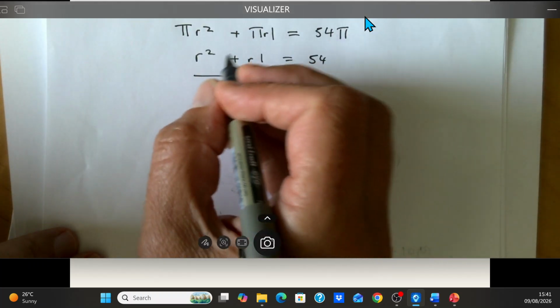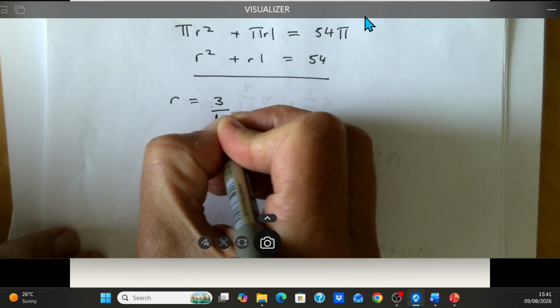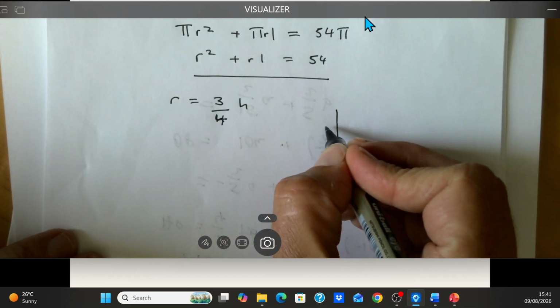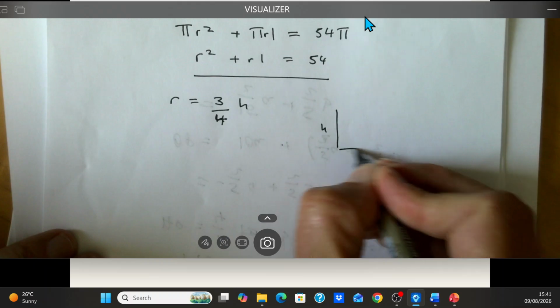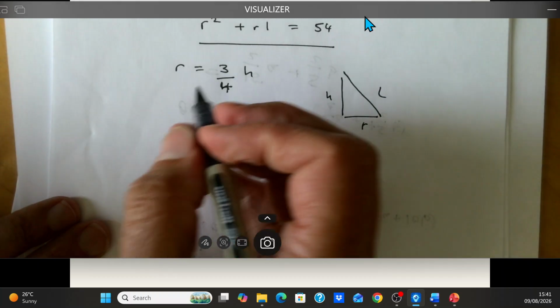We are also told that r is 3/4 of the height. Because it's a cone, we know h and we know r, we need to work out L to work out the curved surface area.